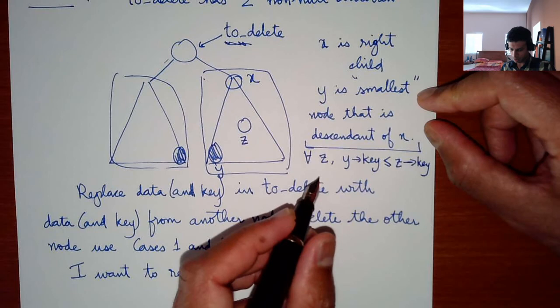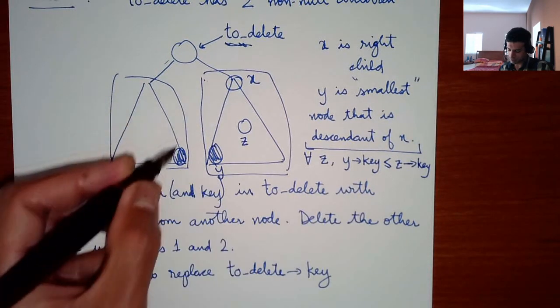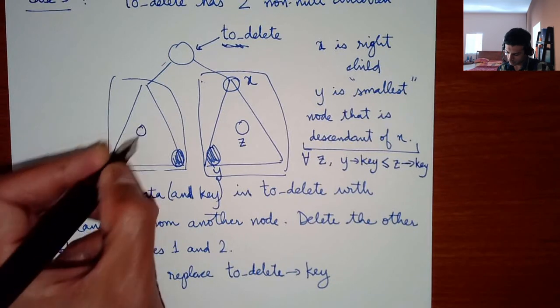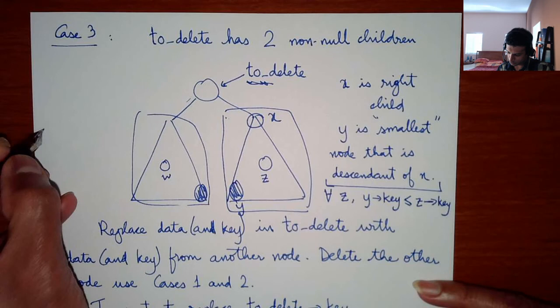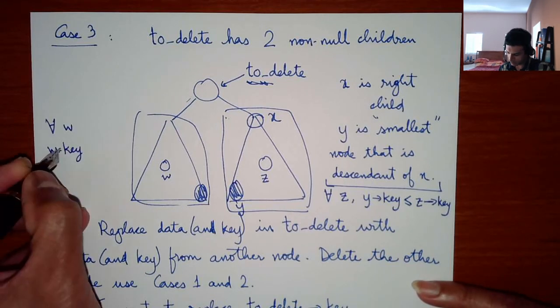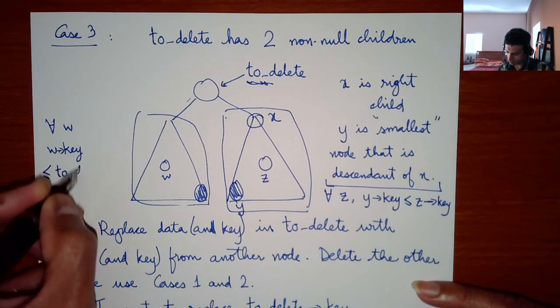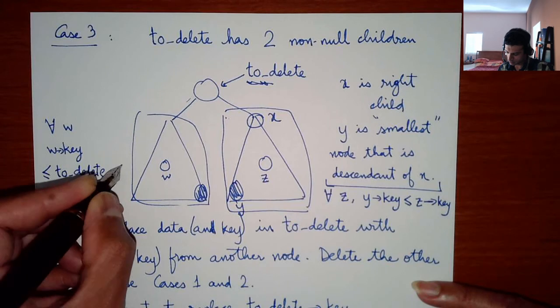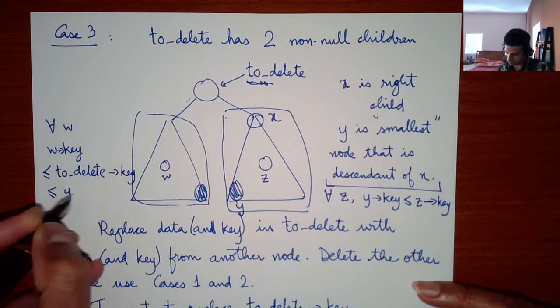But you also know that Y's key is bigger than any key here. So if you pick any W, you also know that for all W, the key of W is less than or equal to the key of delete, which is less than or equal to the key of Y.